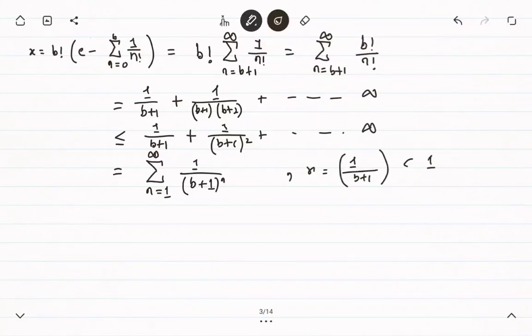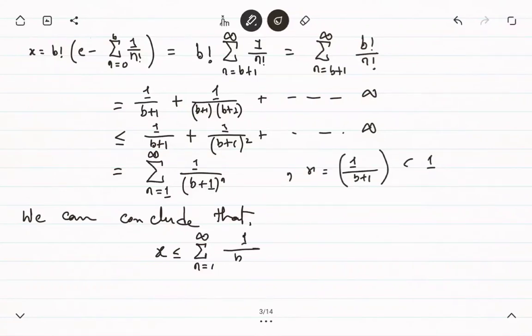Therefore we can conclude that x is less than or equal to the sum over n equals 1 to infinity of 1 by b plus 1 raised to the power n.